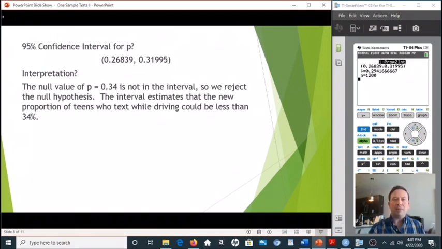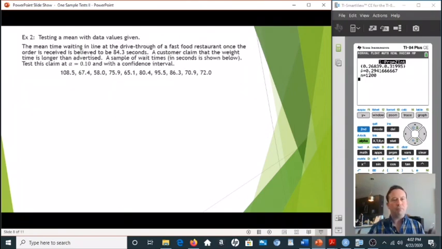So the interval estimates that the new proportion of teens who text while driving could be less than 34%, okay? And notice my language with the word could. We never say that, oh, that's the truth, that's a fact. We always say that it could be or it might be because we have 95% confidence but also 5% error. So you have to use words that also allow for your statement to be wrong but not in a bad way. Okay? Let's go to example 2 now.